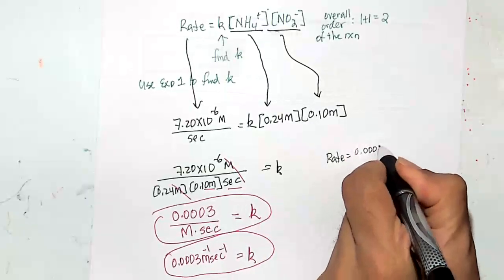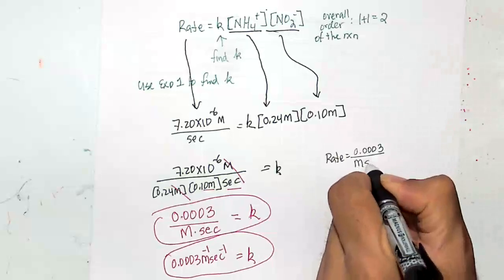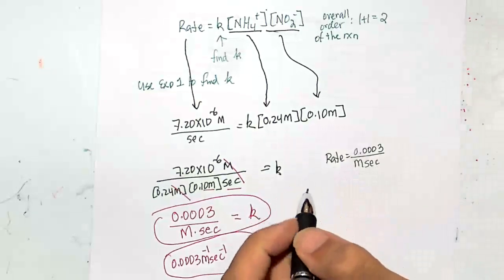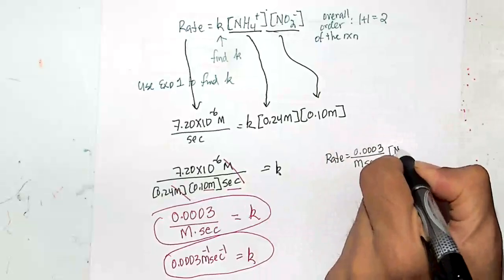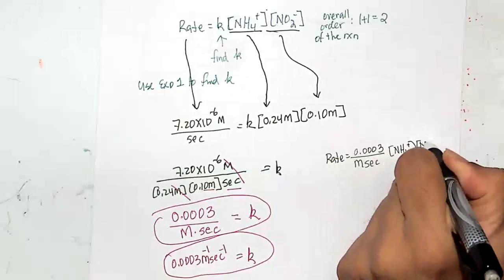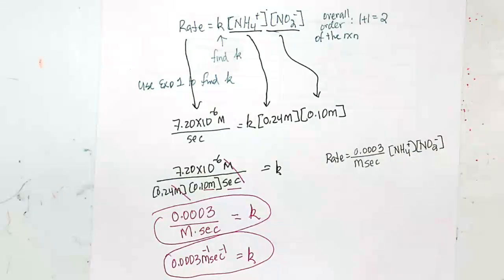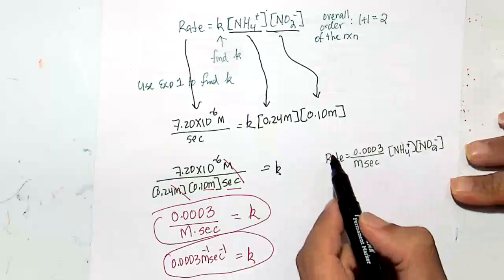Rate is equal to 0.0003 m to the minus 1, which is m in the denominator, seconds to the minus 1, which is seconds in the denominator, times NH4 positive raised to what power? 1 times NO2 minus raised to what power? 1. And this is our final answer. This is what I want you to write on the test.